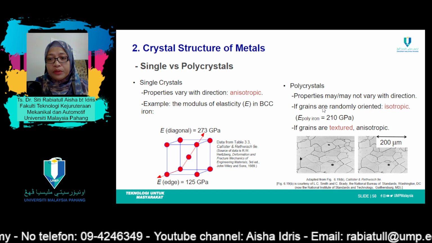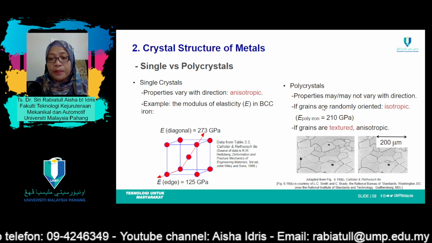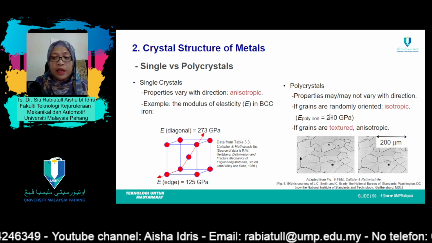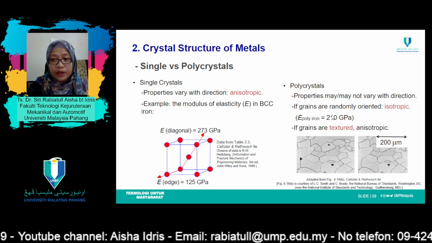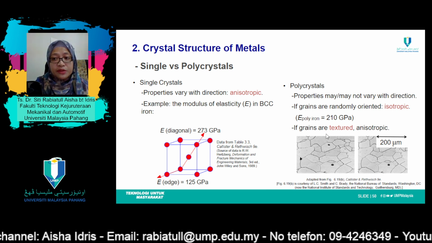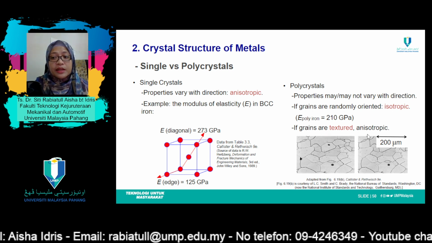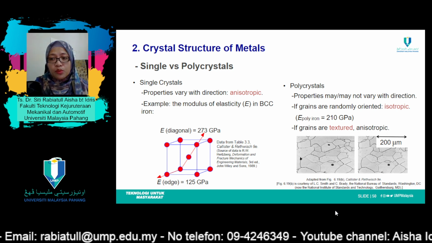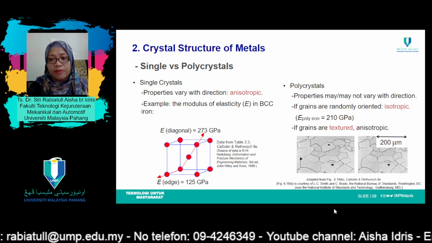Meanwhile, for polycrystals, properties may or may not vary with direction. If the grains are randomly oriented, it is called isotropic, and if the grains are textured, it is known as anisotropic. So this figure is showing the difference between isotropic and anisotropic.